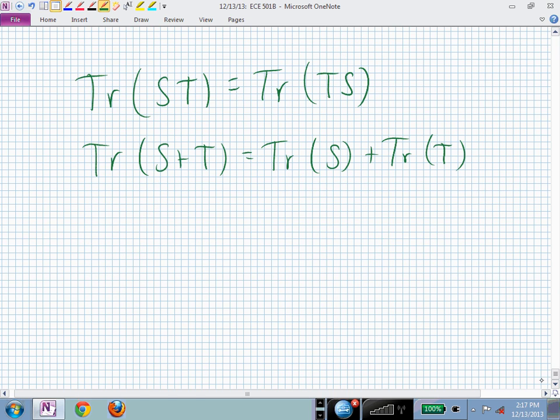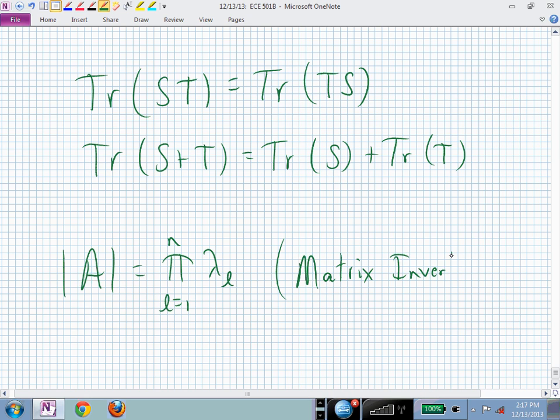And we also have this formula for the determinant. That's what the vertical lines mean. That's equal to the product of the eigenvalues of that matrix. And that immediately allows us to see that the matrix is invertible if and only if this determinant is non-zero, or we do not have any zero eigenvalues.